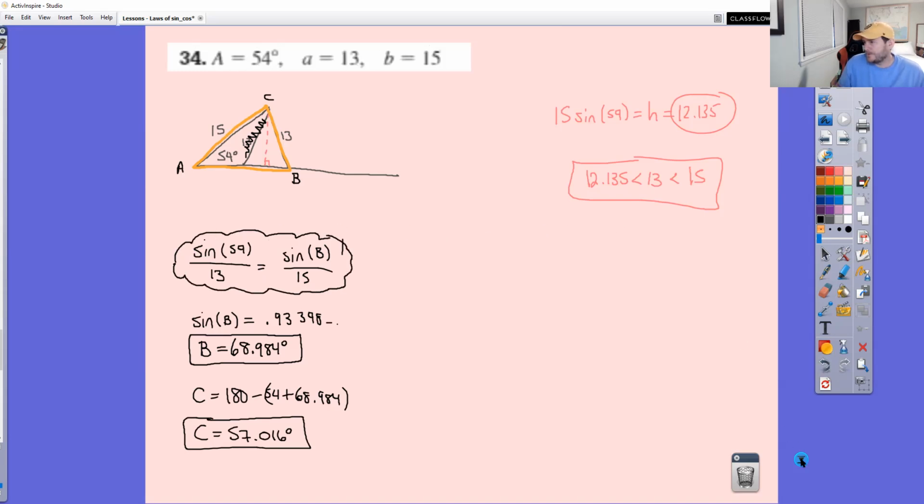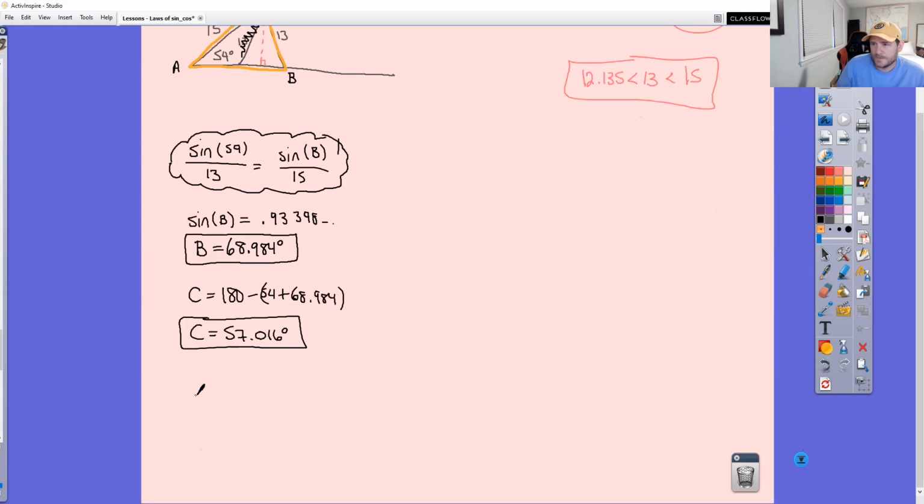Okay, so again, we're going to grab that sine of 54 over 13. But this time, we're going to use the sine of angle C, the 57.016, and divide that by C. We're solving for side C. So that tells me that side C is going to be 13 sine 57.016 divided by sine of 54.